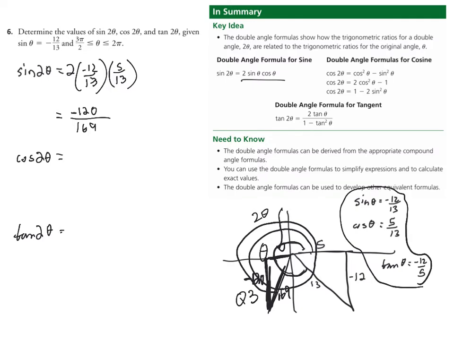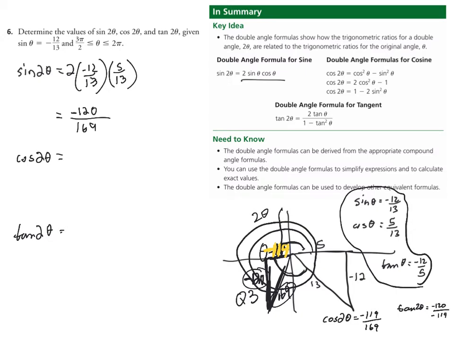All right, so 169 squared minus 120 squared is 14,161. Take the square root, and it's 119. So this is going to be negative 119 right here. So if that's the case, I already know that cos 2 theta is going to be adjacent, which is negative 119 over hypotenuse, which is 169, and tan 2 theta is going to be opposite, which is negative 120 over adjacent, which is negative 119.